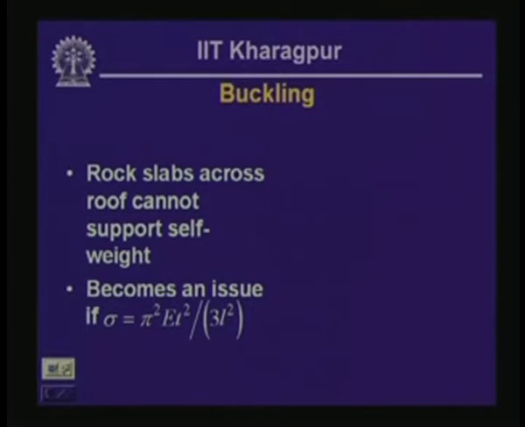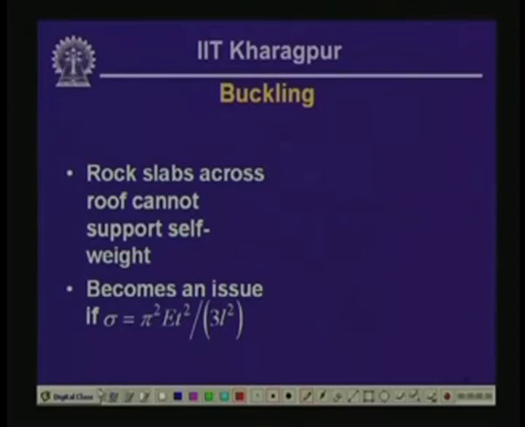In this case, the roof slabs cannot support the self weight, as was the case when we were discussing the horizontal bedding, but the problem is accentuated because of the direction of the major principal stress, or the confining stress. If I want to illustrate this problem, let me draw a sketch here.